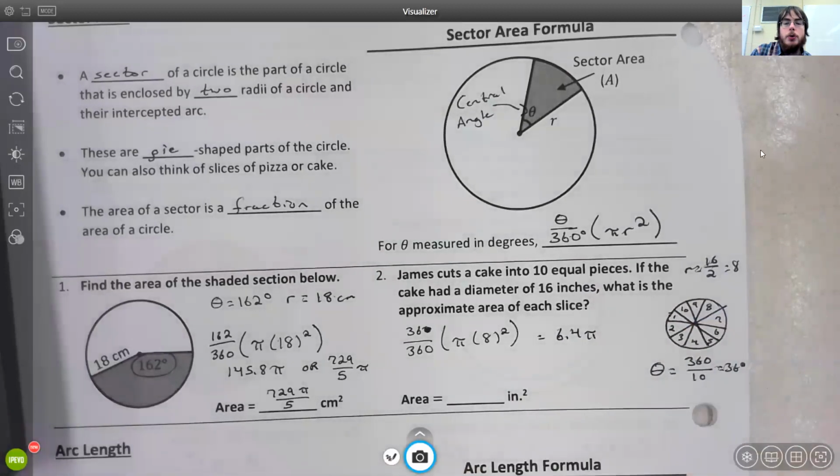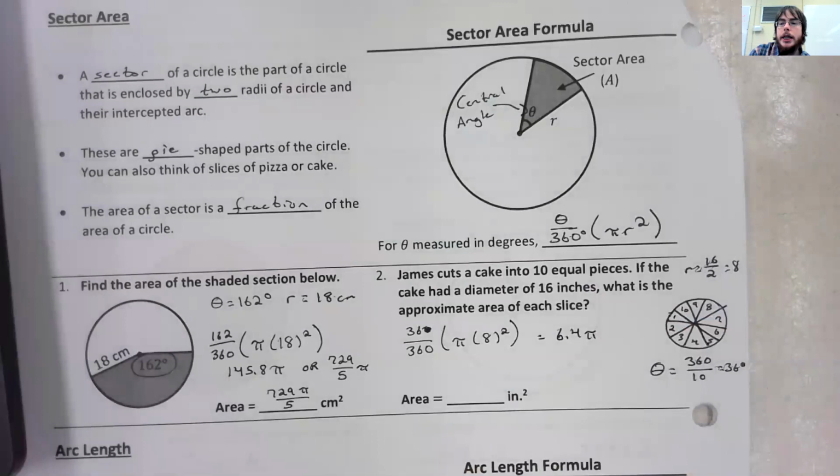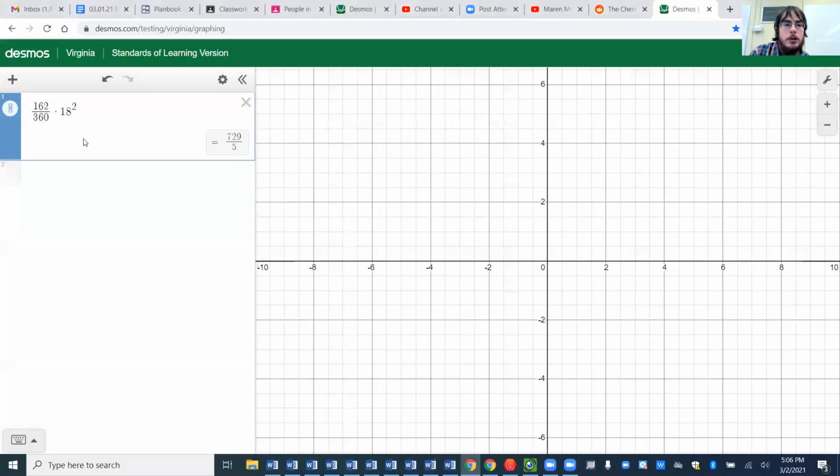Okay, so we're going to plug that all into Desmos. And we're going to include the pi this time because it wants the approximate area. So I'm going to do it from the original and then show you. So times pi, and then times 8 squared.